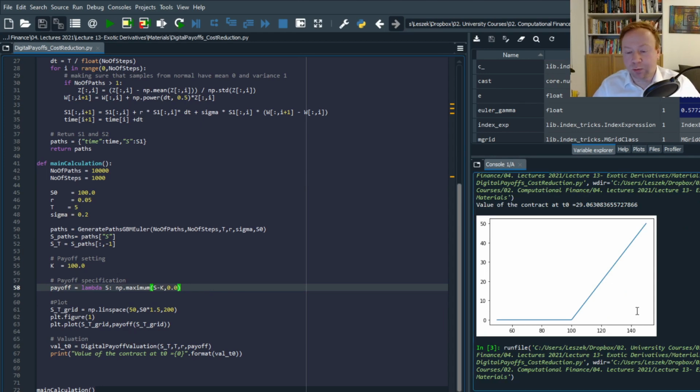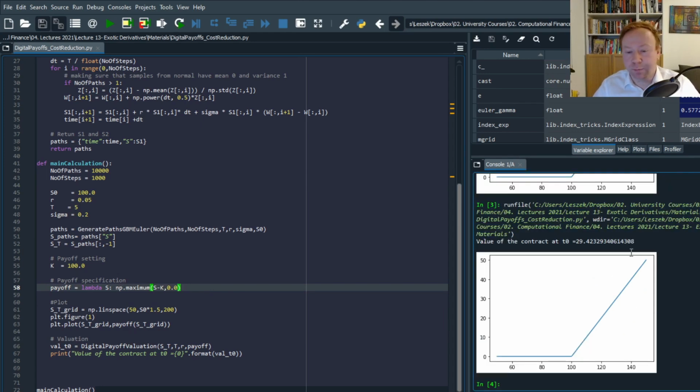So if we run this code, there are 2 things that I would like to share with you. First, this call option has a value at time t0 of 29.4, and this is the payoff. You can see that on the x-axis we have the stock, and once the stock is higher than 100, it grows linearly as S minus K. So we can see this is the rate.